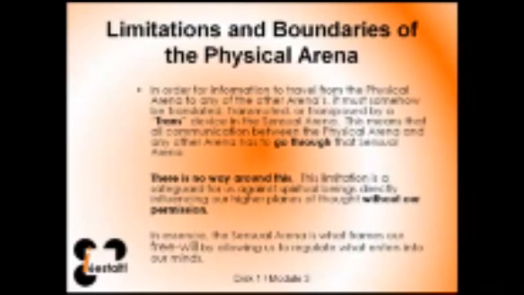Another limitation and boundary of the physical arena is that in order for information to travel from the physical arena to any other arena, it must somehow be translated, transmuted, or transposed by a trans device, which we find in the central arena. That follows the same logic, but brings out the point that there's nothing in this physical arena that can enter your body or your mind without going through the five senses.